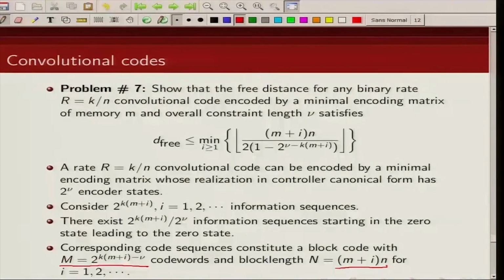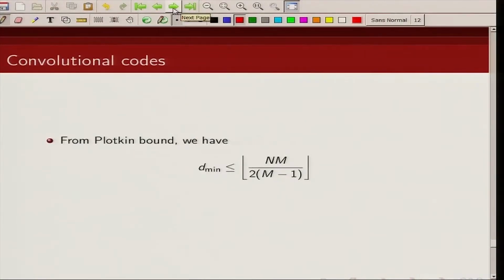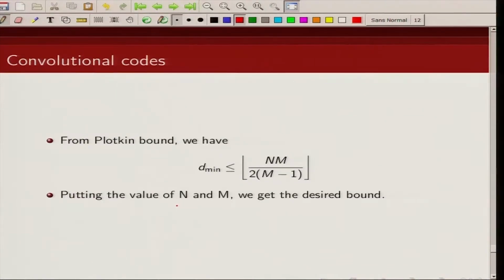Next, we are going to use Plotkin's bound. Now, the Plotkin bound upper bounds the minimum distance as the floor of code word length times number of code words divided by 2 times (number of code words minus 1). So, in this example, what is our n?